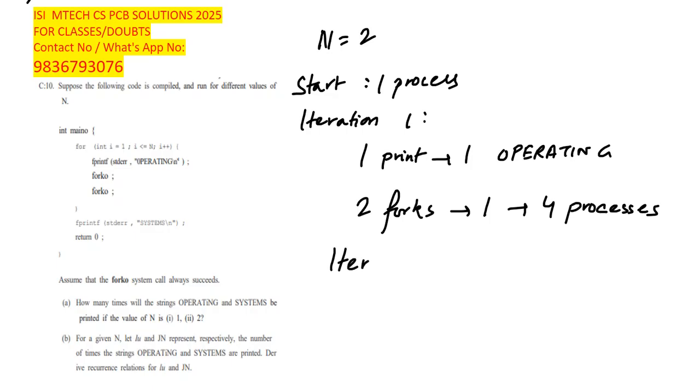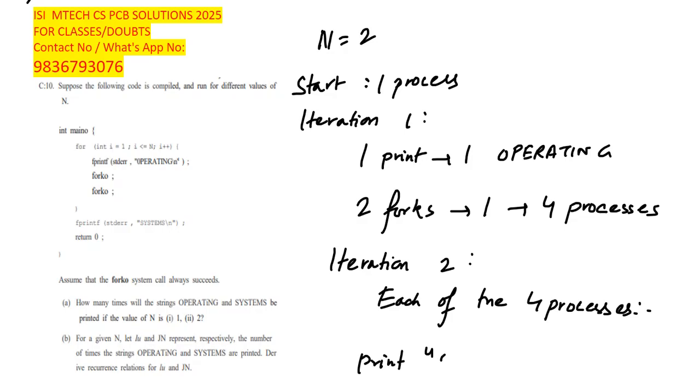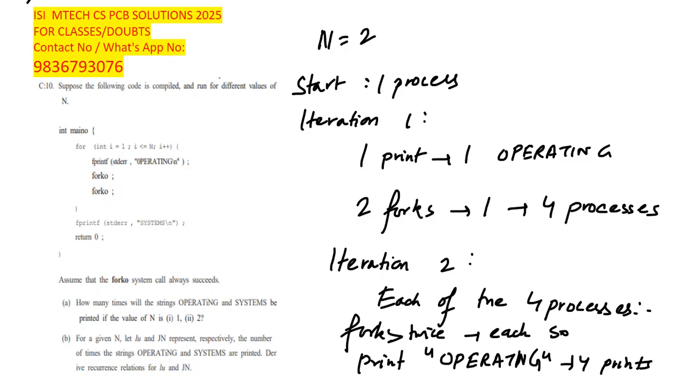Then iteration 2: each of the 4 processes prints "operating", so here 4 prints. The forks are twice, so each of the 4 gives 4, so 16 processes.